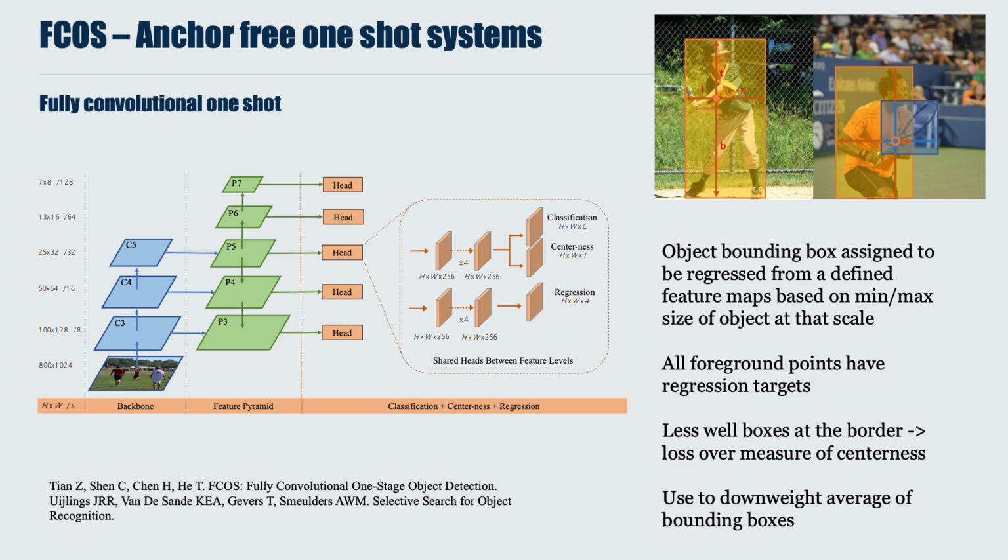So they have a loss over the measure of centerness of the point that is deciding, and it's used to downweight the average of the bounding boxes. So instead of just simply averaging all the bounding boxes that they regress out for foreground points, they make a weighted average based on how far it is from the center of the object.